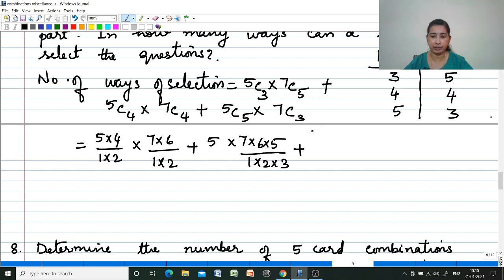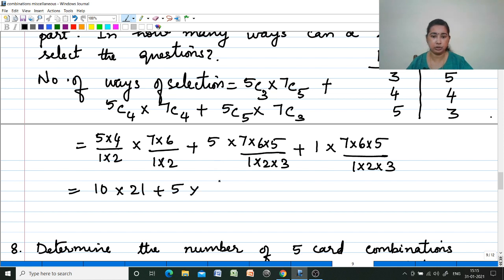Then 5C5, that is 1, into 7C3 is 7 into 6 into 5 by 1 into 2 into 3. Now simplifying this, we are getting 10 into 21 plus 5 into 35 plus 35. Total 420.